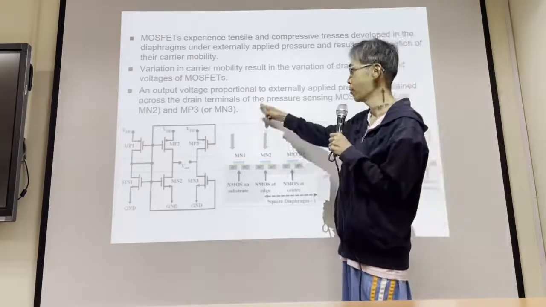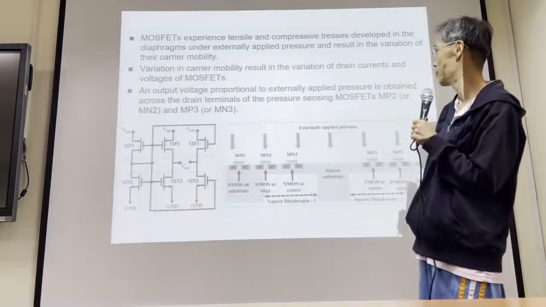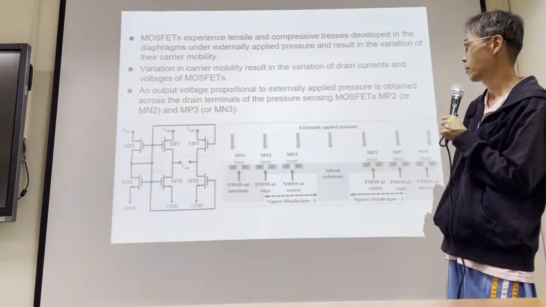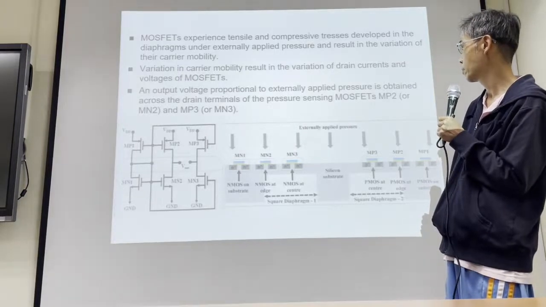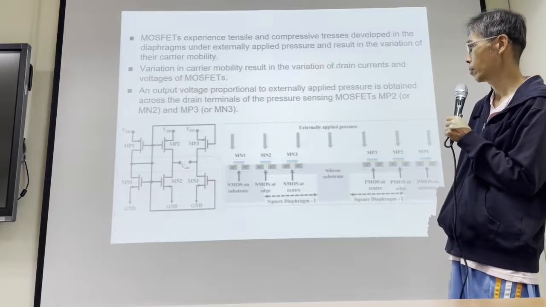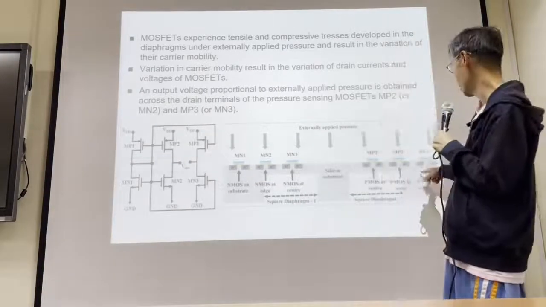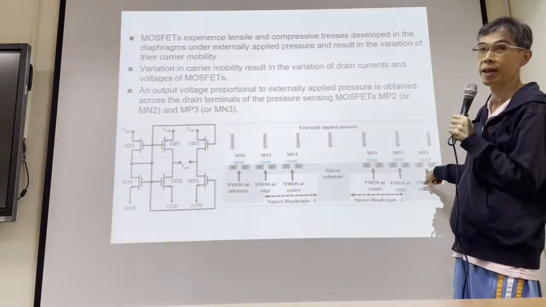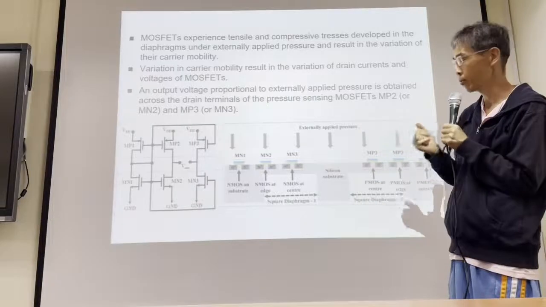Kumel, could you read the third one? An output voltage proportional to externally applied pressure is obtained across the drain terminal of pressure sensing MOSFETs MP2 or MN2 and MP3 or MN3. Okay, because MN1 and MP1 are not influenced by pressure, there's no tension, there's no compression.